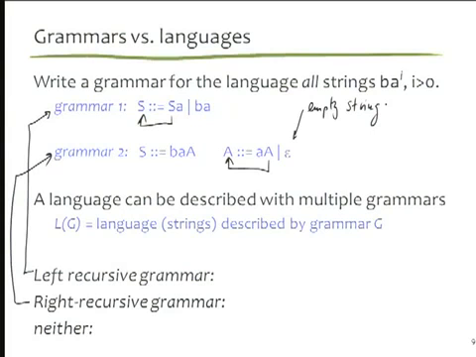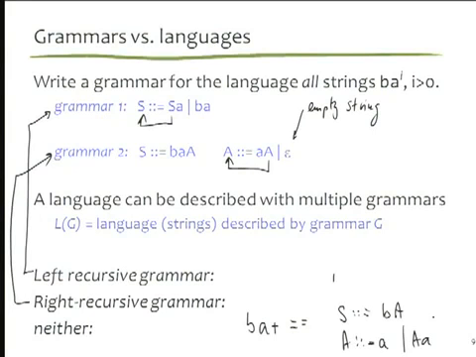We could do BA plus, but that's really just an acronym, a shortcut for saying S goes to B, A, and A is either 1A or AA. So if you expand the plus, you end up with a recursion also, and you could write it as a left recursion or right recursion.